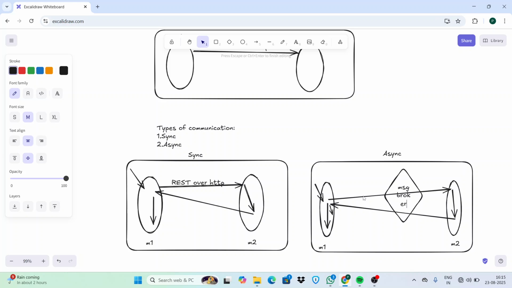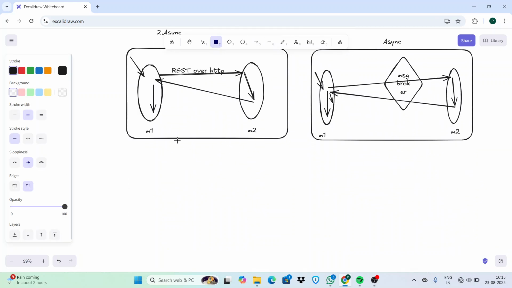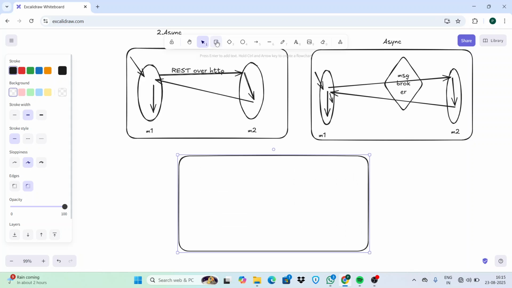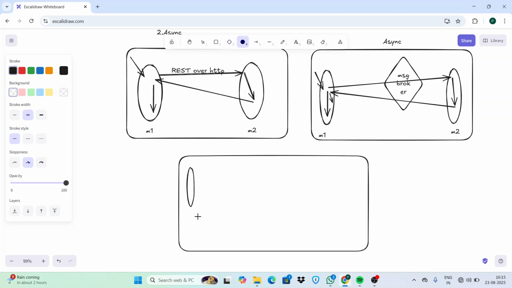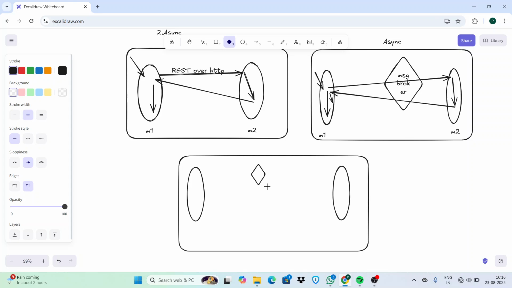So what is the work of a message broker? I'll explain it with another diagram. So this is M1, this is M2, and this is a message broker. The message broker is nothing but we can achieve the message broker using ActiveMQ, RabbitMQ, Kafka.